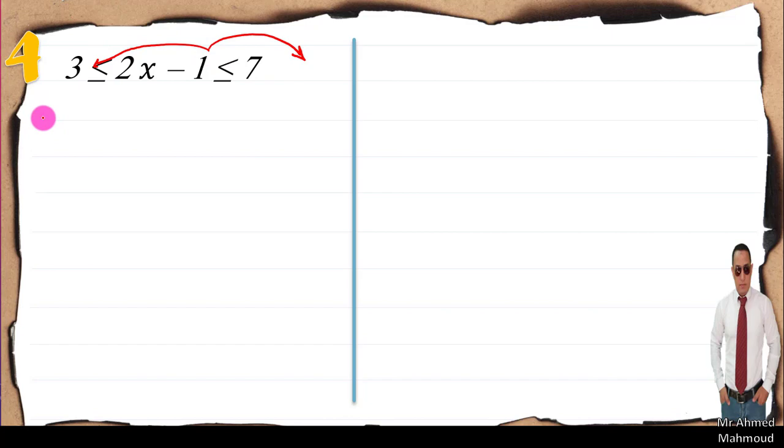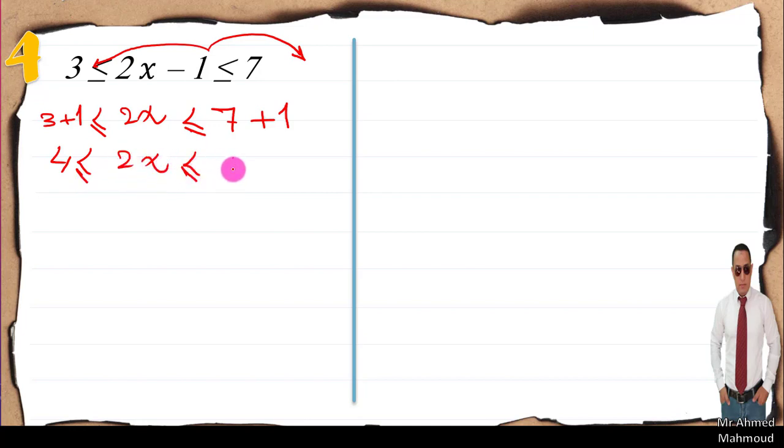So it will be 3 plus 1 less than or equal to 2x less than or equal to 7 plus 1. Don't forget plus 1 here and plus 1 here. So it is 4 less than or equal to 2x less than or equal to 8.